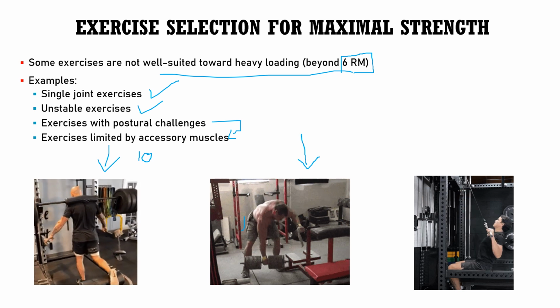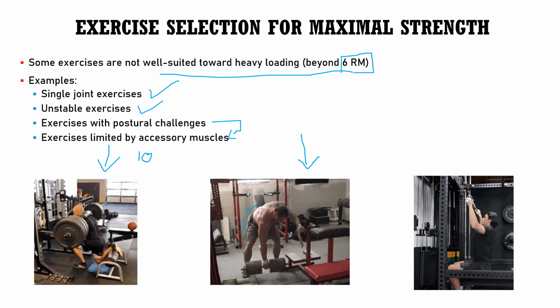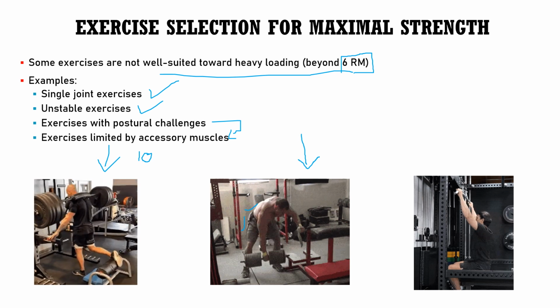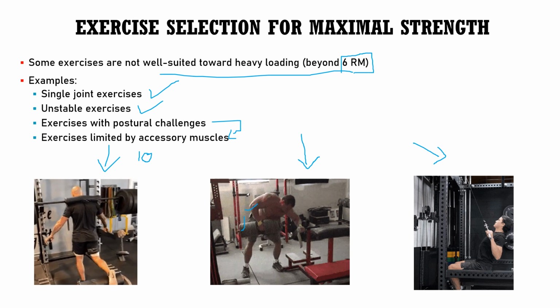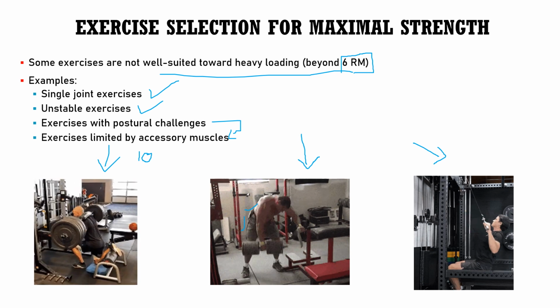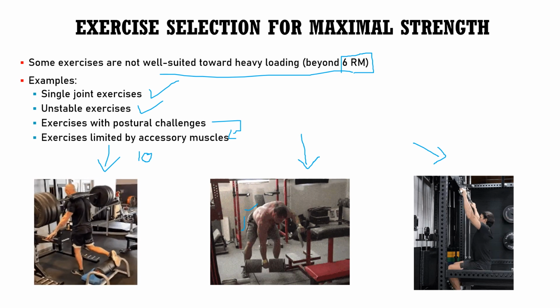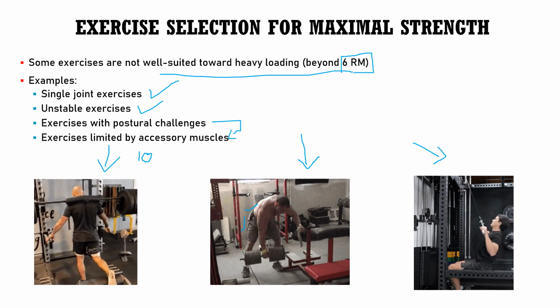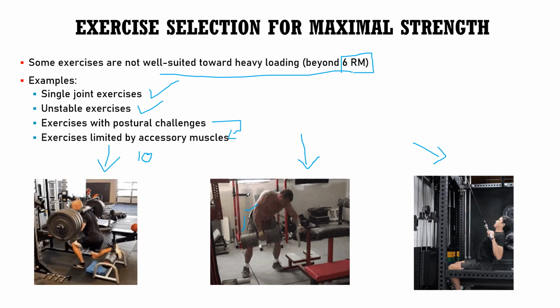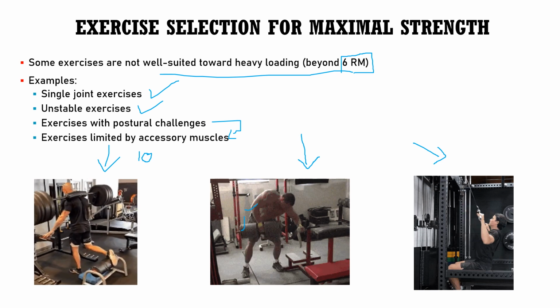The strain in the hamstrings or the lumbar erectors can really be limiting for people. We also often see poor technique in pulling exercises like lat pulldowns when things get heavy. People start to use momentum and things like that. So we just want to be mindful of those things when we're picking the exercises that we're going to target for heavy lifting.